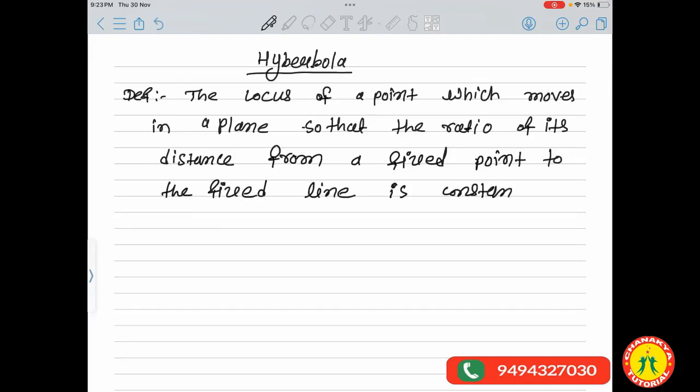In every conic, ellipse, parabola, hyperbola, the definition is the same, only the difference is in the E value, right?